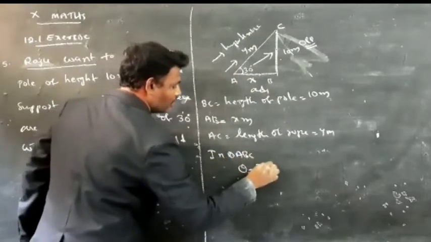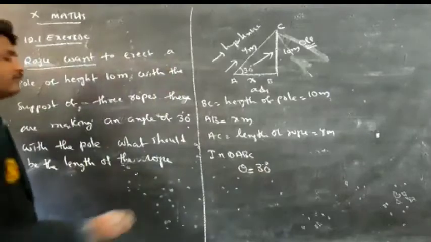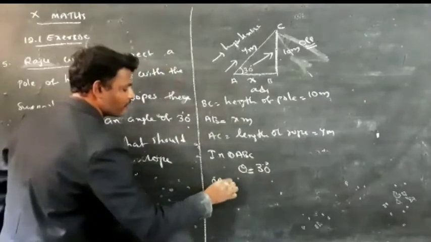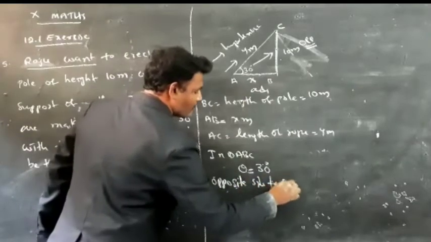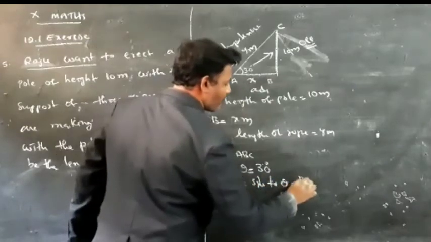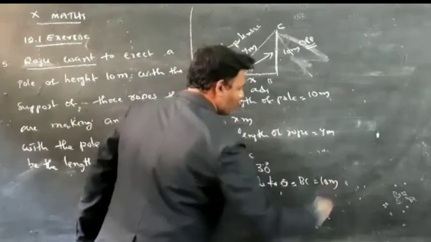Theta is equal to 30 degrees. Then, opposite side to theta is BC, which is equal to 10 meters.